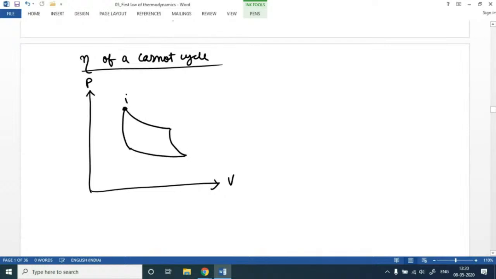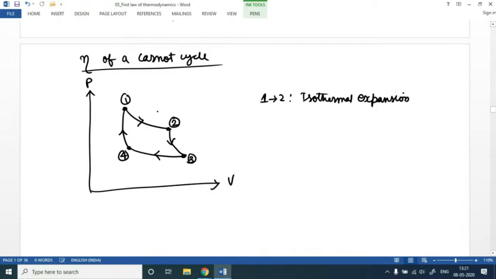Say from state 1 to state 2, state 2 to state 3, from state 3 to state 4, and back to state 1. So what are these processes? From 1 to 2, that is nothing but isothermal expansion.